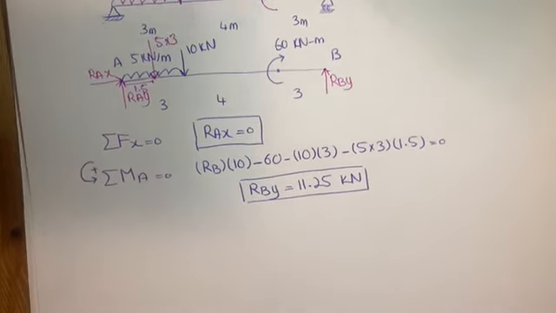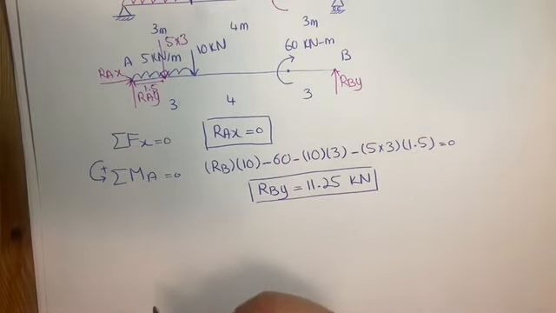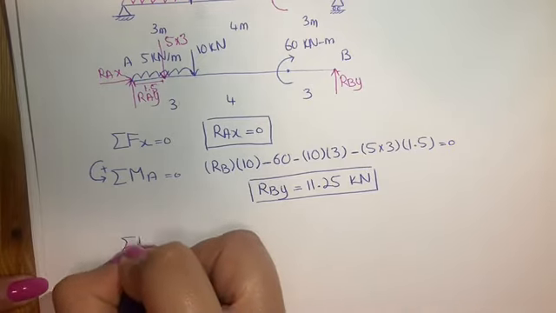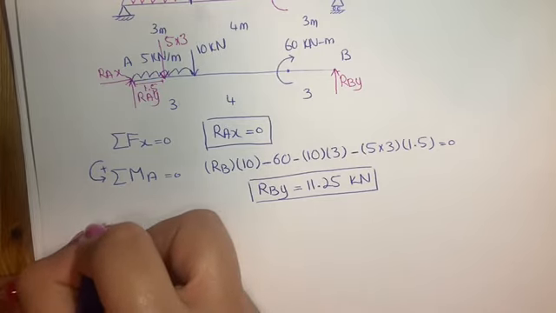So we go to the last equation we have, the equilibrium equation in the direction of y. Sigma Fy equals to 0 and upwards is marked as positive.